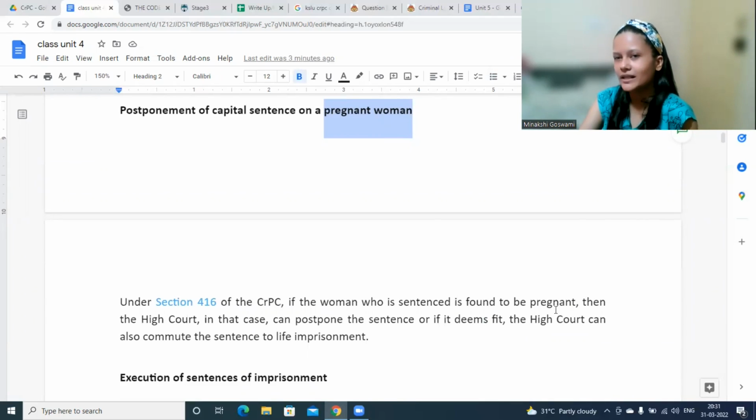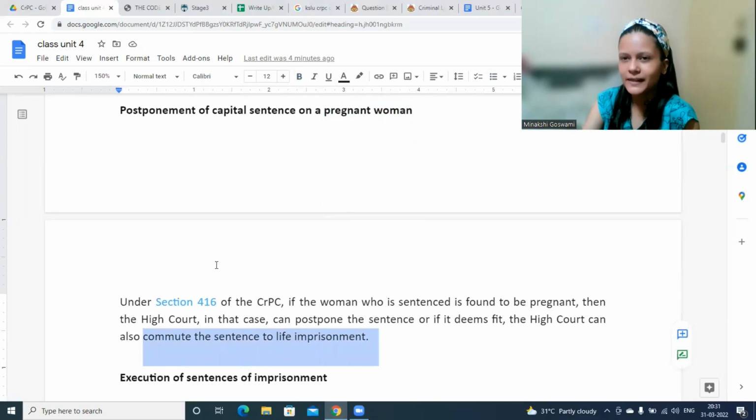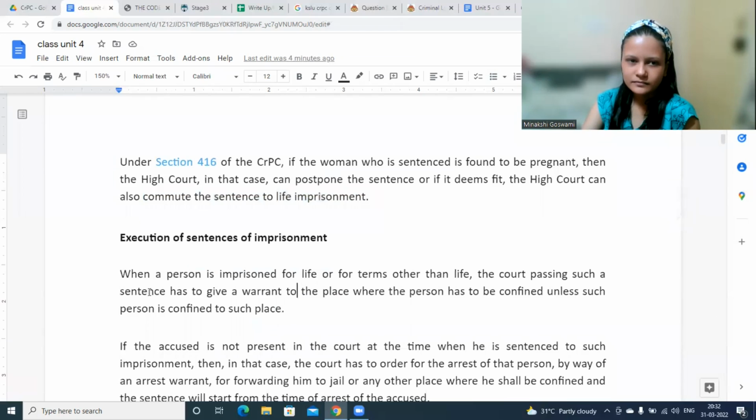So if it is a pregnant woman who has committed a crime, court can say that you need to wait until this particular sentence can be executed, or even in some cases it may be commuted also. It can be said that okay, because she is pregnant, she will have to take care of the kid also, so we are changing it to life imprisonment or something. That also can be done.